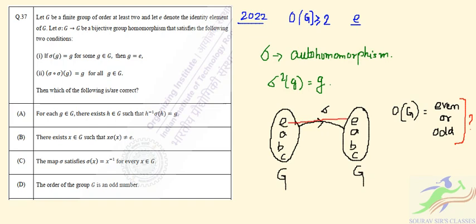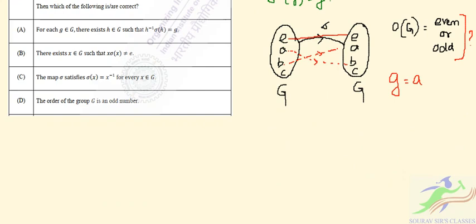In that case, suppose we consider g equal to A, and A is mapping over to B, and B is mapping over to A. So we have the composite function over here. It is saying that sigma composite sigma of g is g.